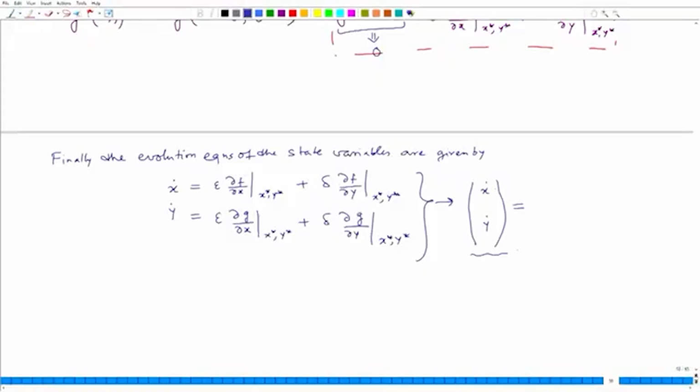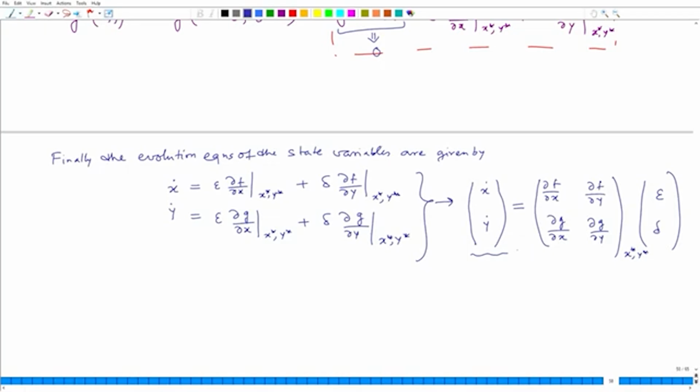This column matrix will be exactly equal to the matrix of del f del x, del f del y, del g del x, del g del y, all evaluated at x star, y star, times epsilon and delta.